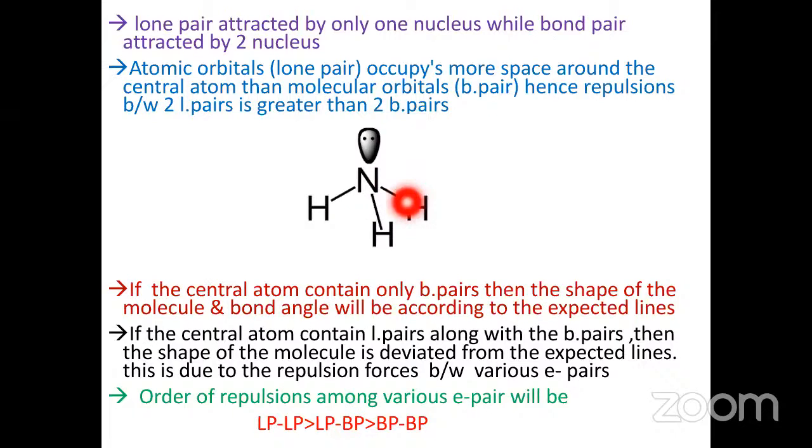If the central atom contains only bond pairs, then the shape of the molecule and bond angle will be according to the expected lines. That means there is no change in their shape and bond angles. If the central atom contains lone pairs along with bond pairs, then the shape of the molecule is deviated from the expected lines.